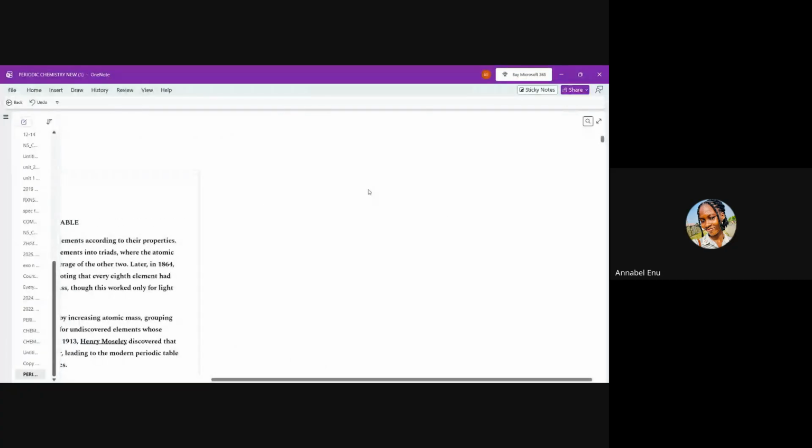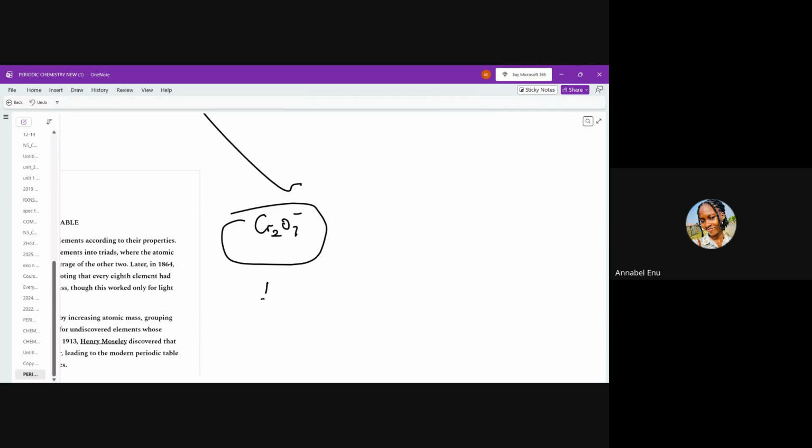Okay, so we have this, right? Now these ones are bonded together by covalent bond. This was a question Melody asked in the last class. But when this one is bonded with something like potassium, a positive ion, this whole thing is already a negative ion.